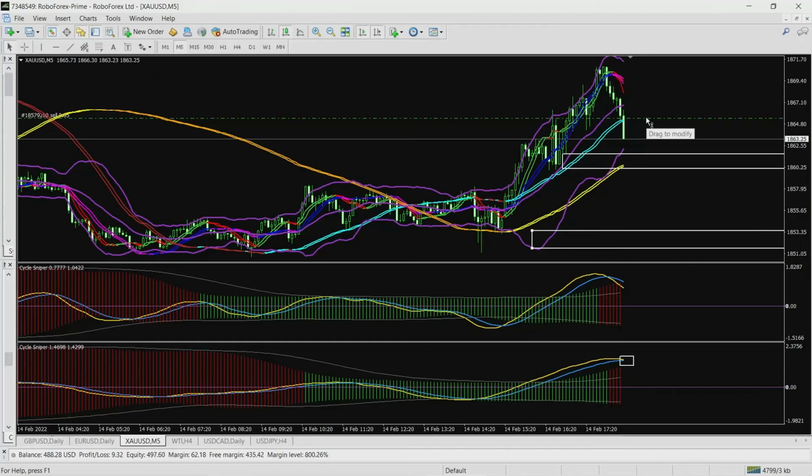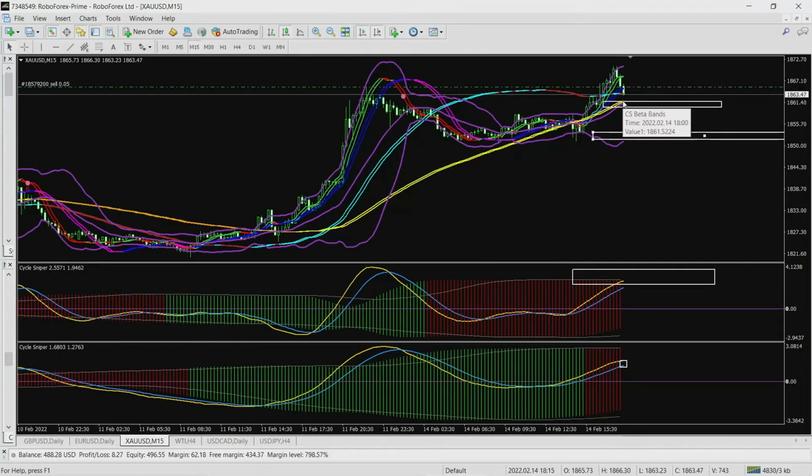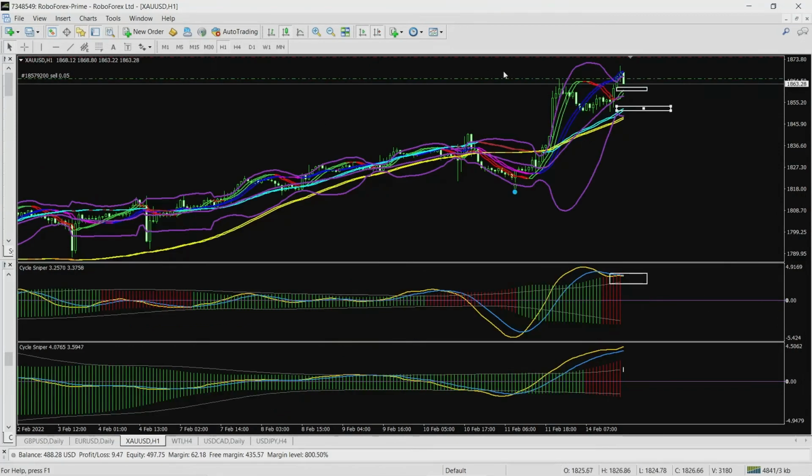As planned, now I close some part. Our concern is now where we are going to focus. Breakout of these bands. One-hour chart. Again, one more signal will come here. First signal was here and this one.